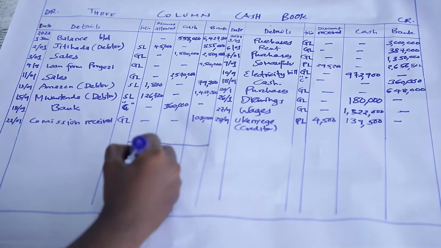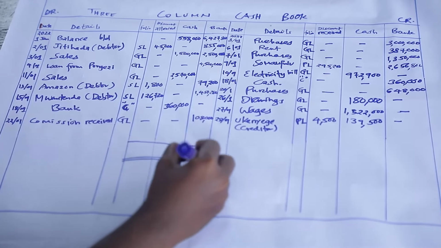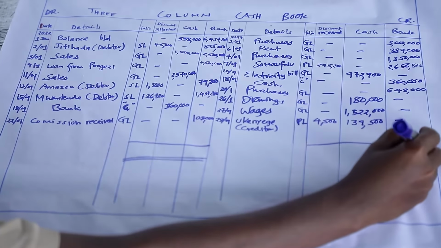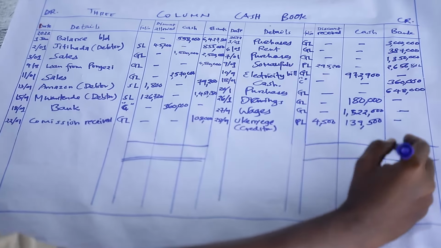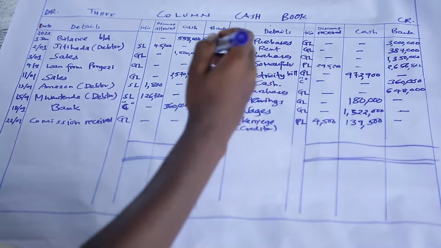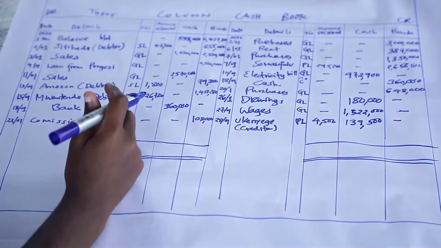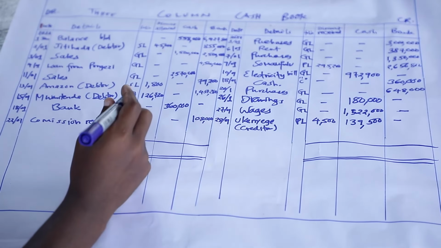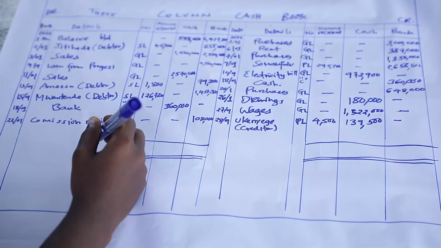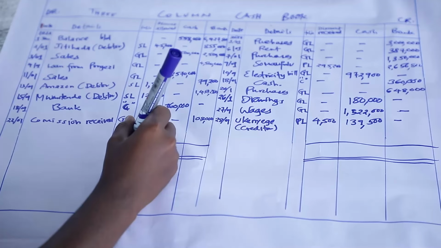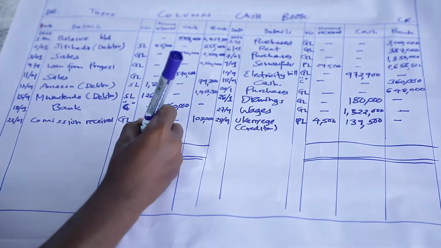So we're going to find the difference between the debit and the credit side, na upande mkubwa ndo tutakuwa nao. So going to balance off. So the discount allowed columns atutafuta balance due, balance D. So after adding the total from the discount allowed column, you get a total of 173,520.